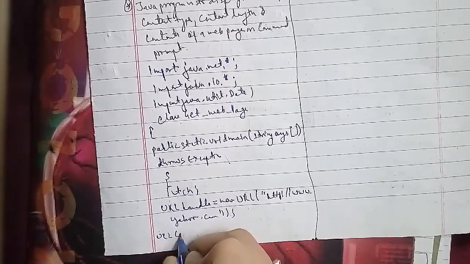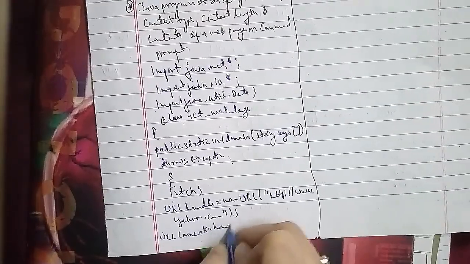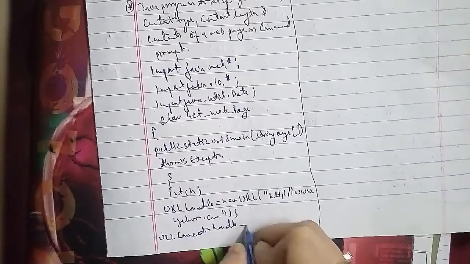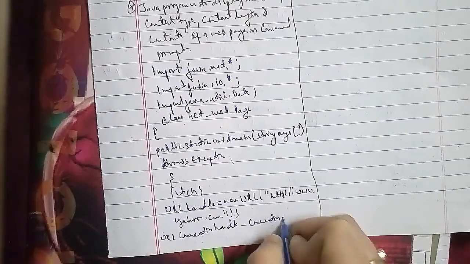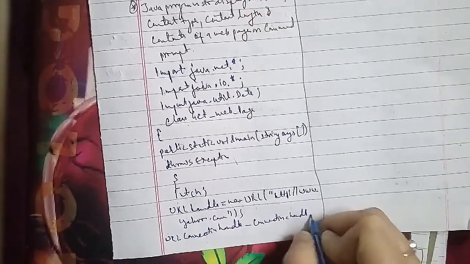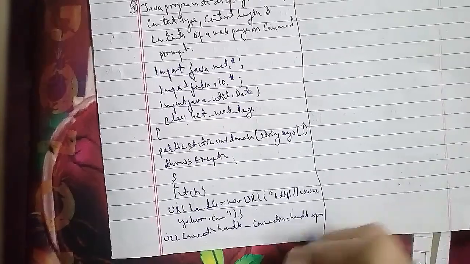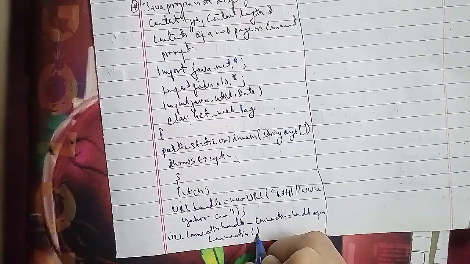then System.out.println("Content length" + length). This is printing the length of the contents.